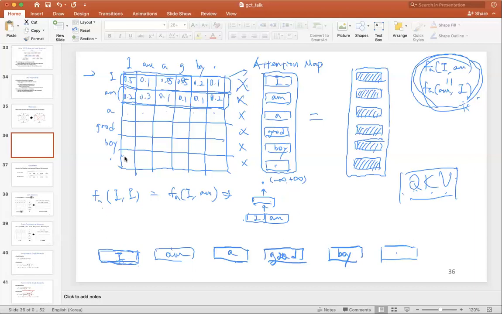So this is some scalar value, and you do this for, I'm sorry, it should be I and I. So this is I and I, and of course, in the same principle, you have I and M.